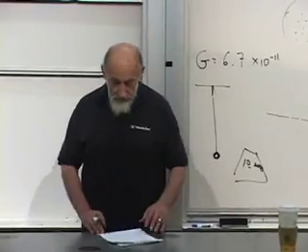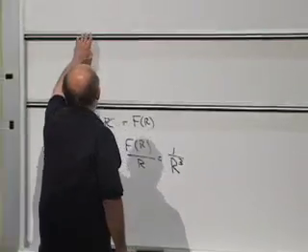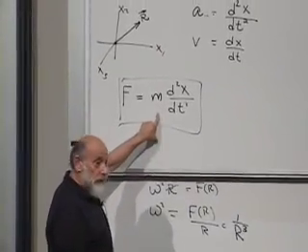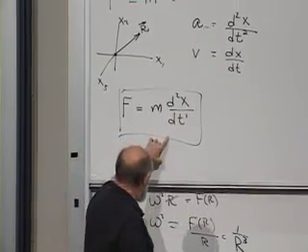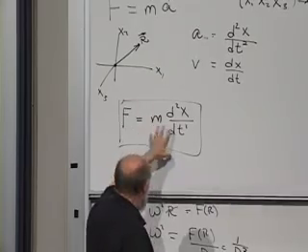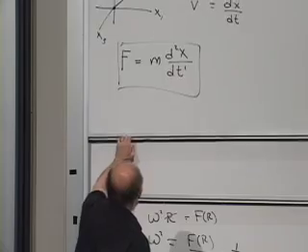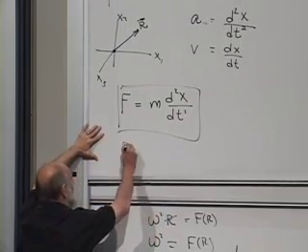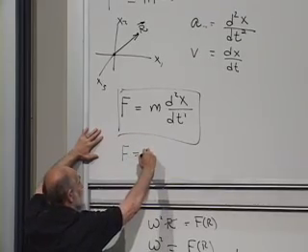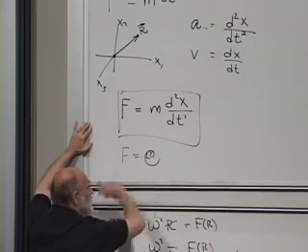Incidentally, let me just point out, if we're talking about other kinds of force laws, for example electrostatic force laws, we still have F equals ma, but the force will not be proportional to the mass times something else; it could be proportional to the electric charge.